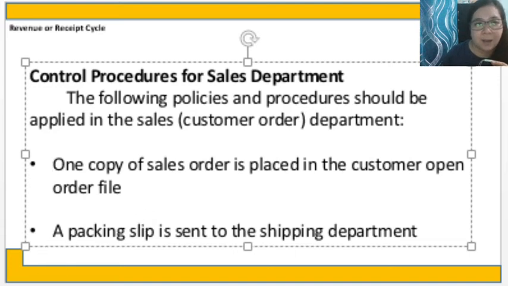Another is a packing slip. This is sent to the shipping department. Of course, meaning these items are now released and ready to be packed and to be shipped to the customers. So this is one of the functions of the shipping department.